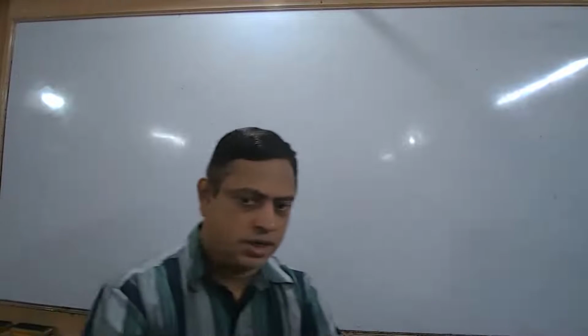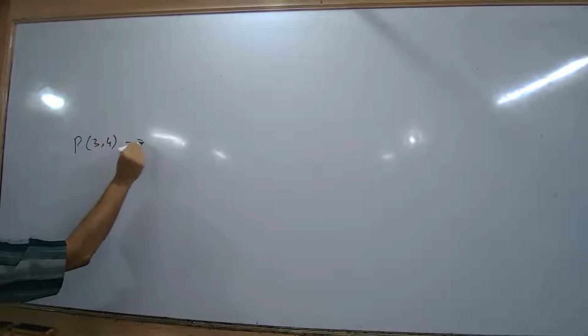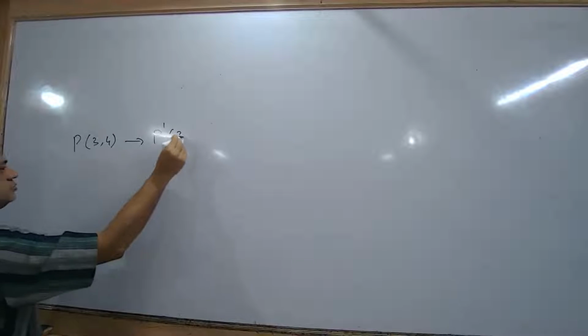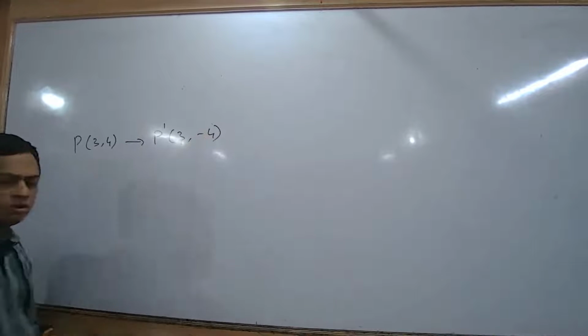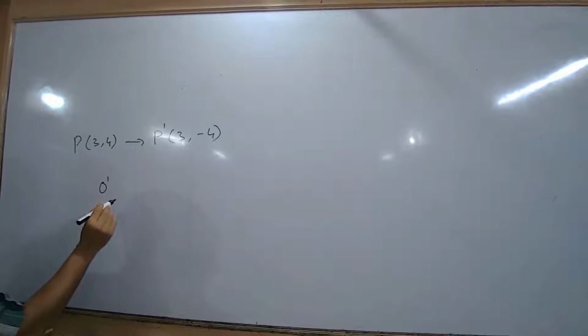Question number 12. Question number 13, sir. Read. The point P (3,4) is reflected to P dash in the x-axis. And Q dash is the image of Q, the origin, when reflected in the line P dash.